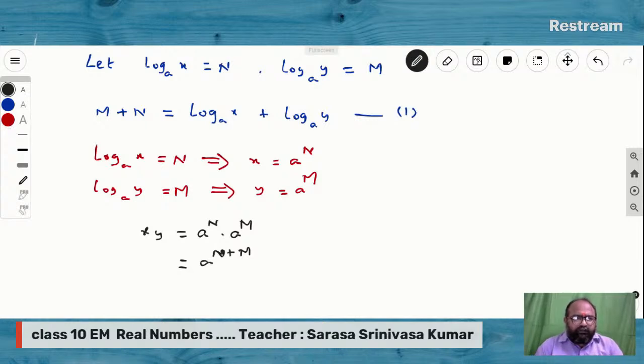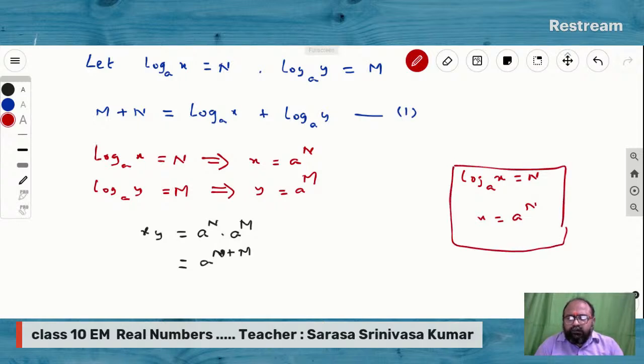Now what is the definition of logarithm? If log x base a equal to n, then x equal to a power n. So this is the definition of logarithm. From this, here in place of n, we have n plus m. In place of x, we have xy.